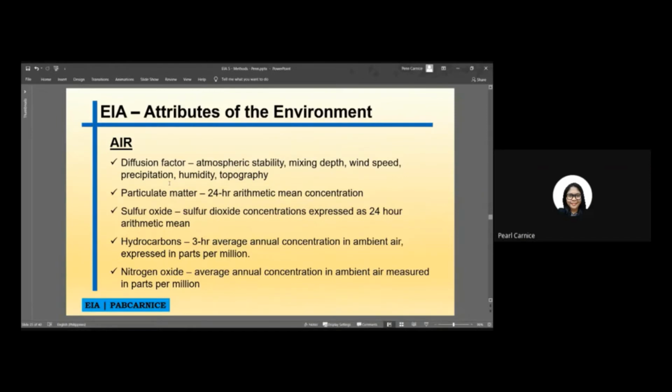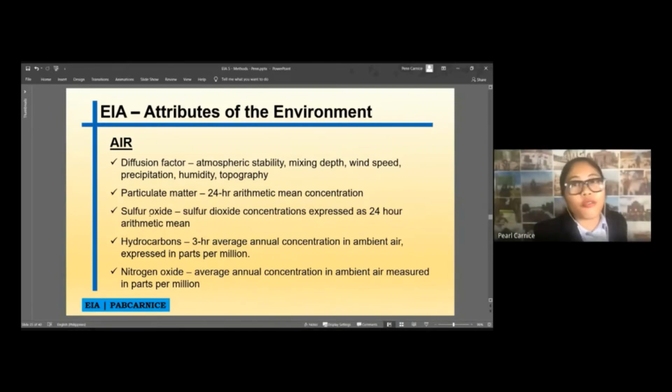We also have on air our sulfur oxide. What is the concentration of our sulfur oxide, as expressed in 24-hour. We also have hydrocarbons, which is a 24-hour average. And of course, we also have our nitrogen oxide, which is the average annual concentration in the ambient air.